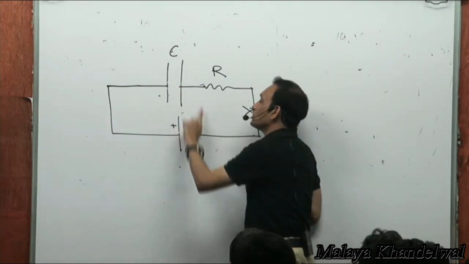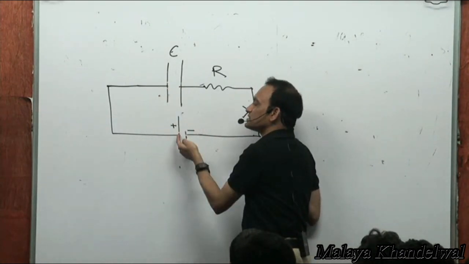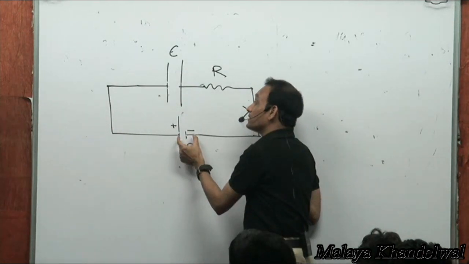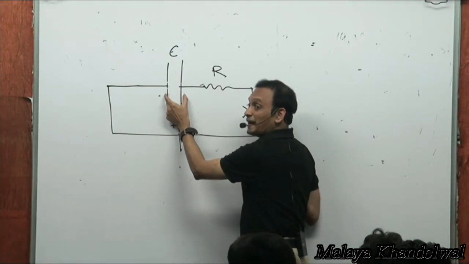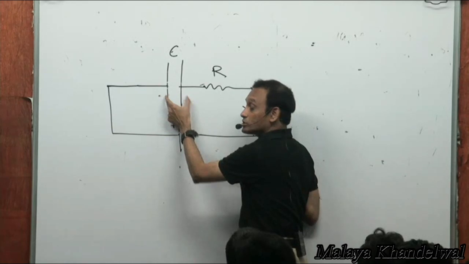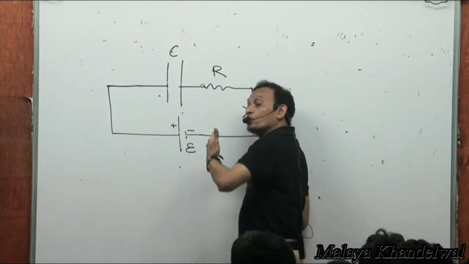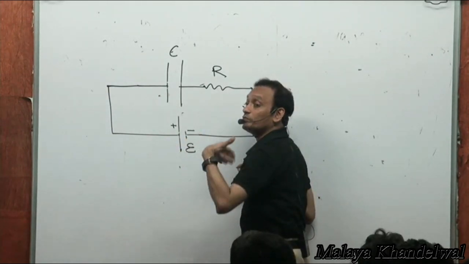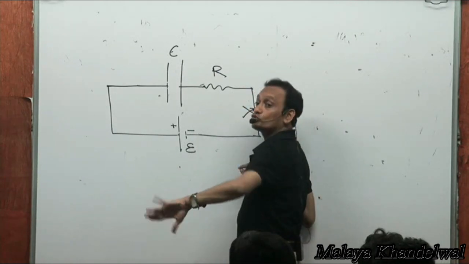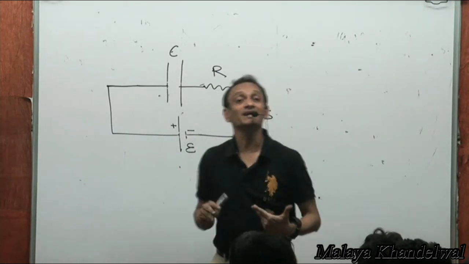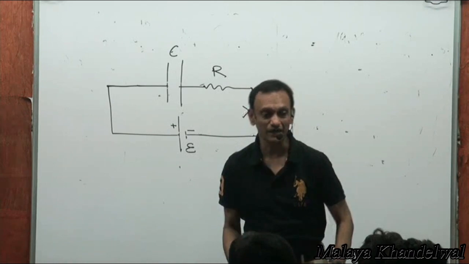Once the potential of this and this get equalized, that means the drop here across the plates of the capacitor becomes equal to epsilon. Beyond this point, there would be no further charge communicated through the battery. Once that happens, we say steady state conditions have been attained.